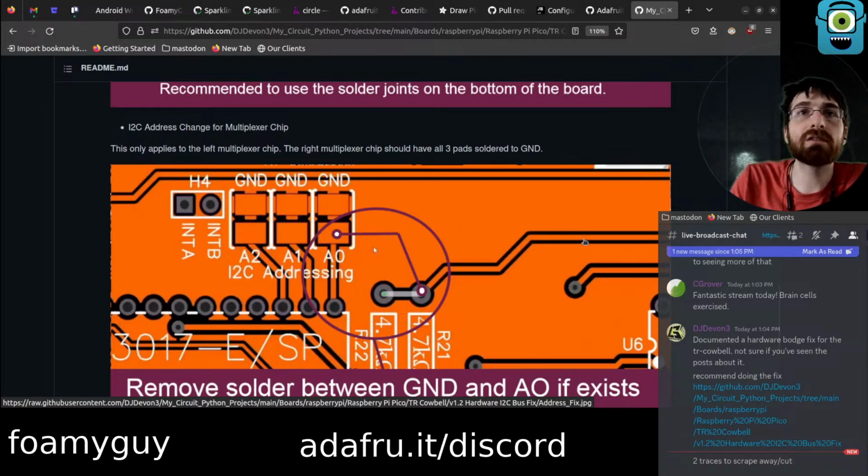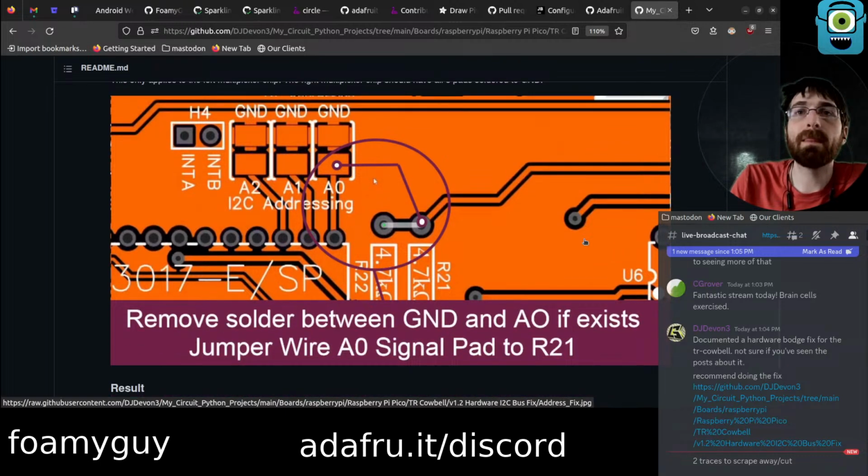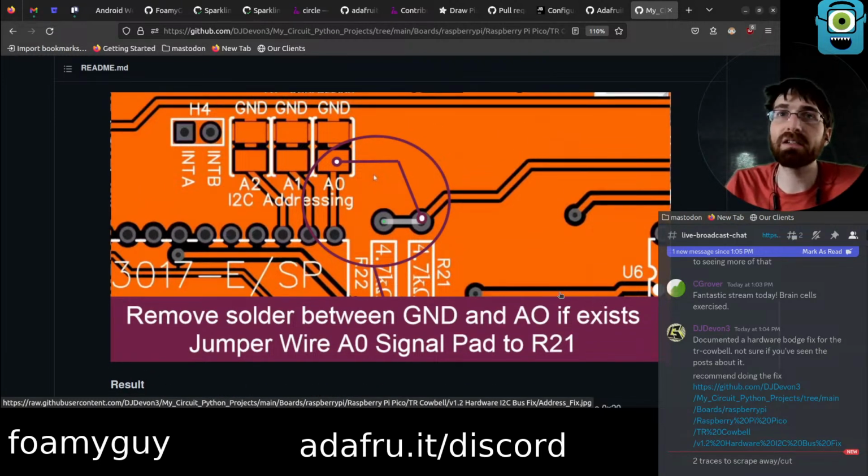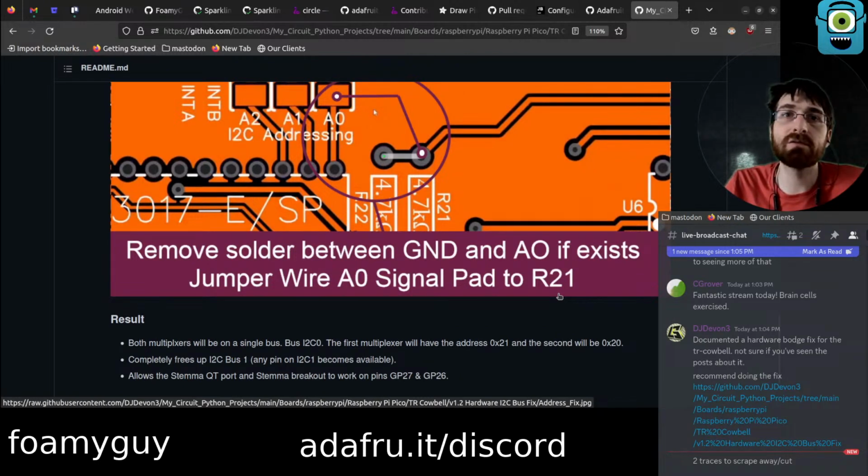Did you see address change? Okay, does this move these onto the same bus, and then therefore you now need a new address for one of them? Yeah, okay.